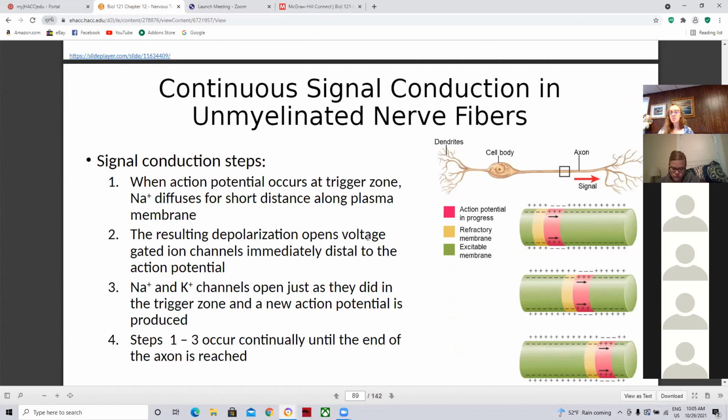the way that signals are conducted down an unmyelinated nerve fiber is that the action potential occurs at the trigger zone. Sodium diffuses for a short distance along the plasma membrane. The resulting depolarization is going to open voltage channels immediately distal. Remember, this is that positive feedback loop. The sodium and potassium channels open just as they did at the trigger zone, and a new action potential is initiated.